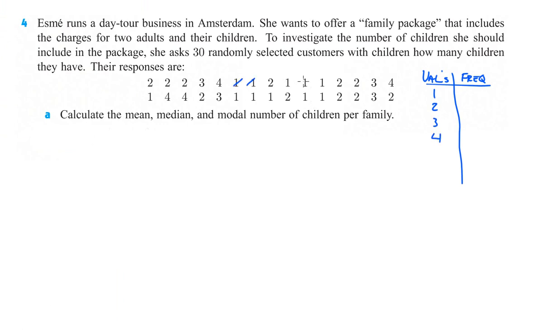So there's 11 ones, 11 twos, 4 threes, and 4 fours. Okay? Mean, median, and modal number of children per family is what we're looking for.